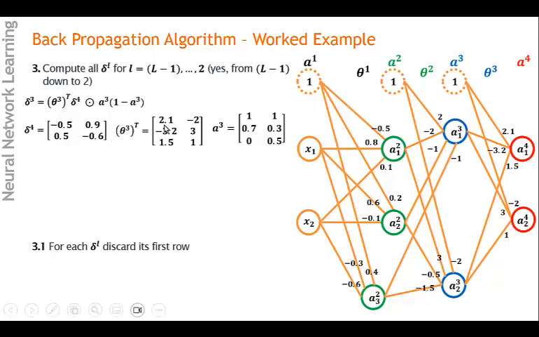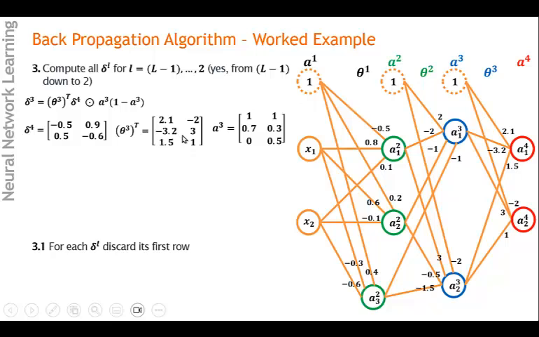Well, this one has how many rows? 3, and this one has two columns. You take the number of rows of the first one, and that's the number of rows of the product. And then you take the number of columns of the second one, and that's the number of columns of the product. So this is going to be a 3 by 2, which is good because A3 is 3 by 2. So these sizes are going to match.